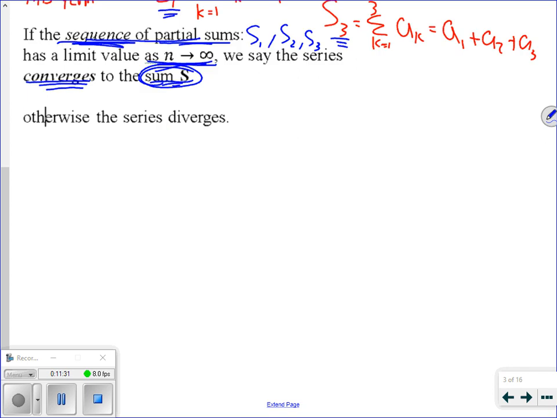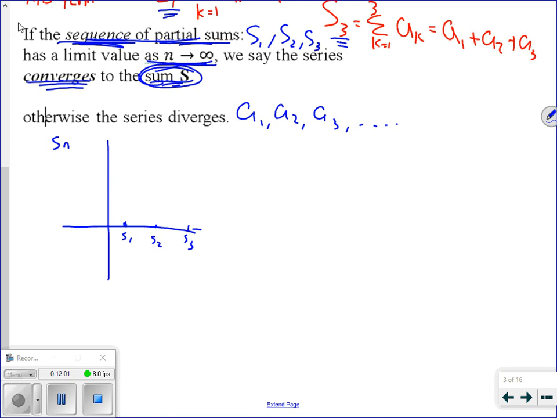Okay? So let me try to explain this graphically. Let's say, here's S sub n. We'll say this is S sub 1, S sub 2, S sub 3. Now, this is different than talking about the convergence and divergence of a list of numbers. If I'm talking about a1, a2, a3 approaching a number, I mean that the list of numbers itself is approaching a specific number.